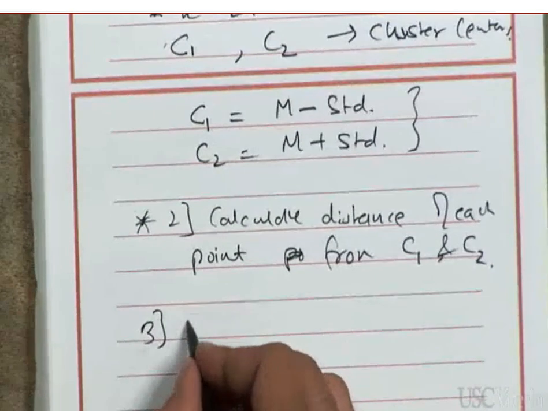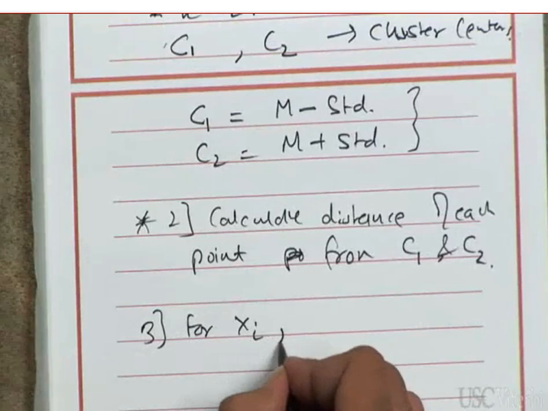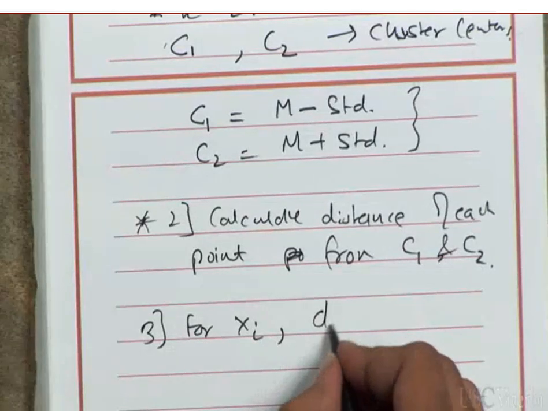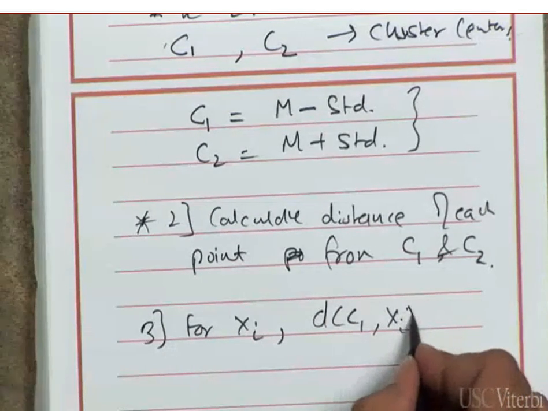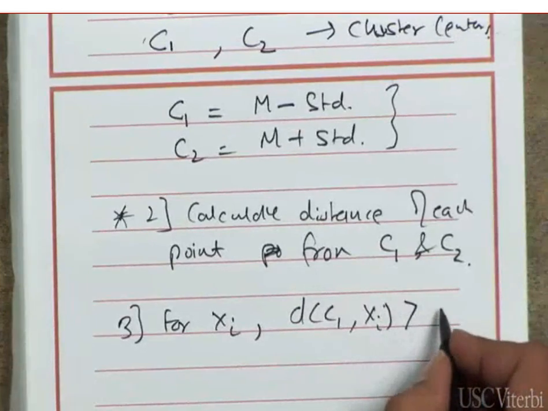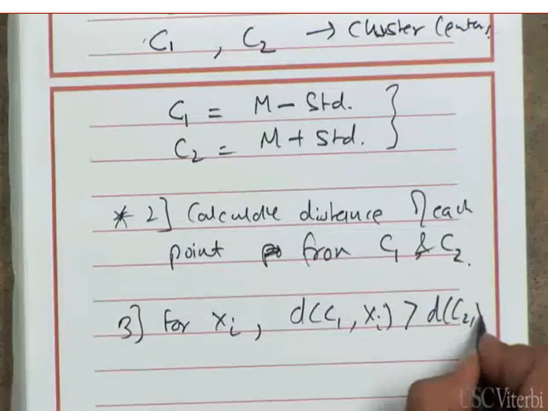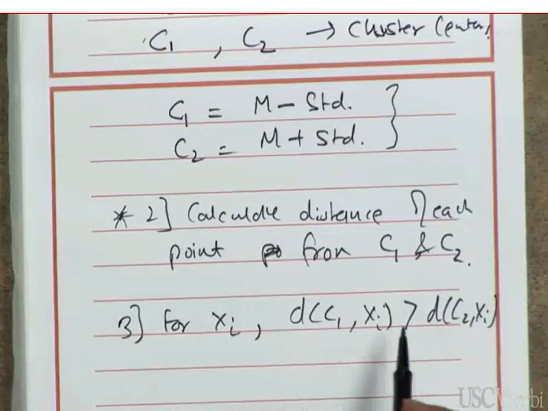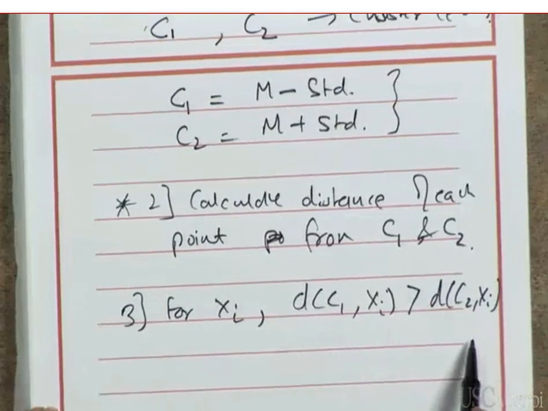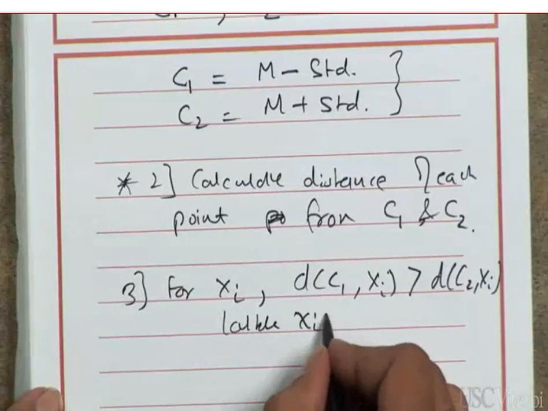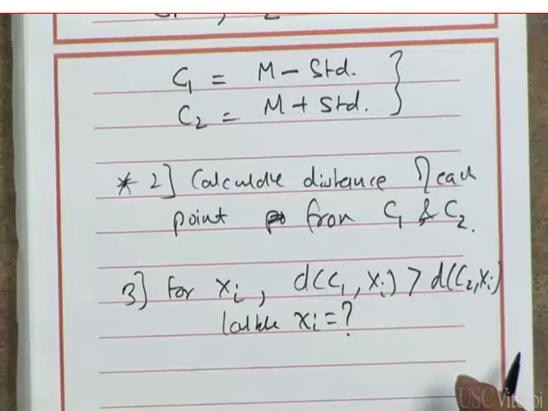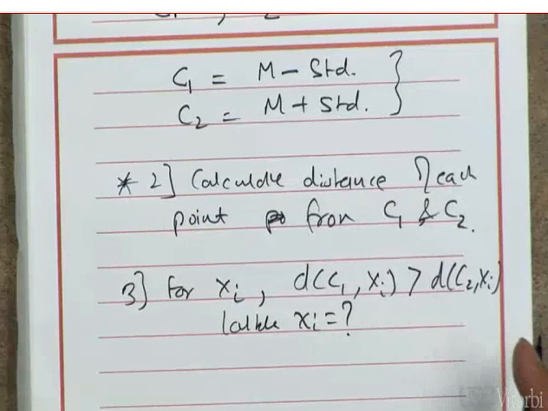For xi, let the distance between C1 and xi be greater than the distance between C2 and xi. So if this is the case, then what label would be xi? 2. Why?